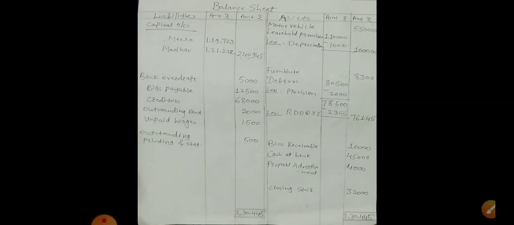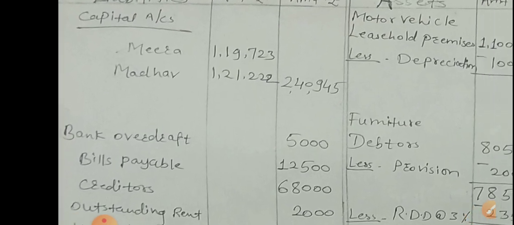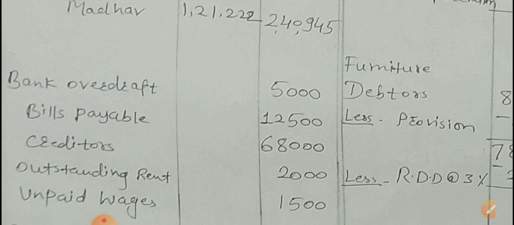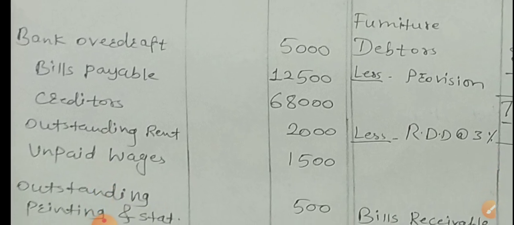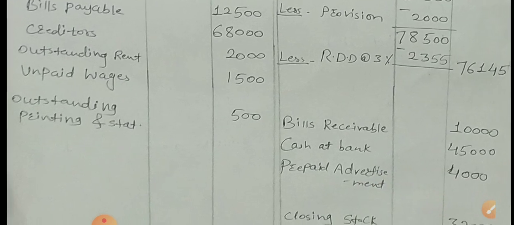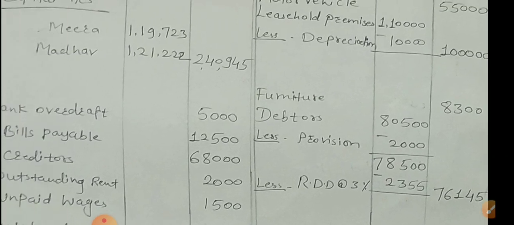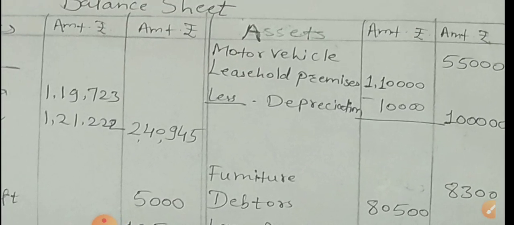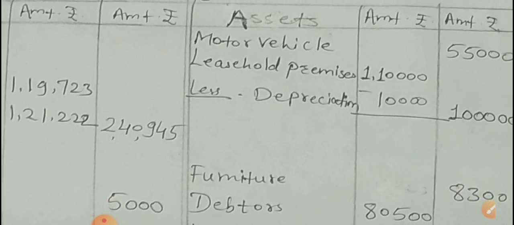See, this is our balance sheet. On the liability side I have written the amounts of capital. The next items are there: bank overdraft, bills payable, creditors, outstanding rent, unpaid wages, outstanding printing and stationery. Then the debit side, that is the asset side. Motor vehicle, leasehold premises, we deducted the depreciation.